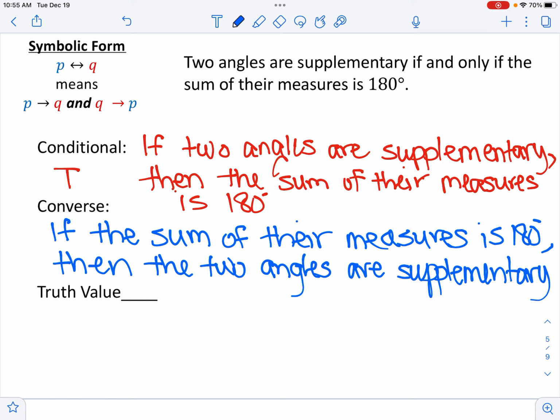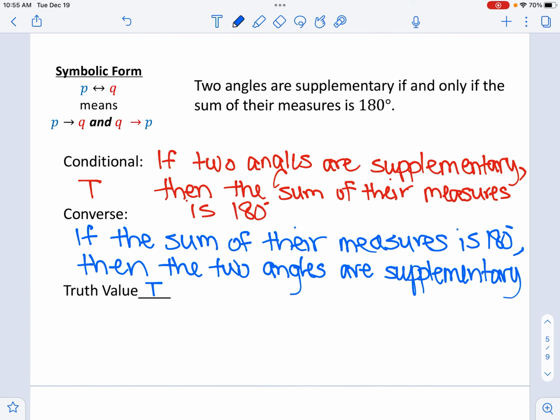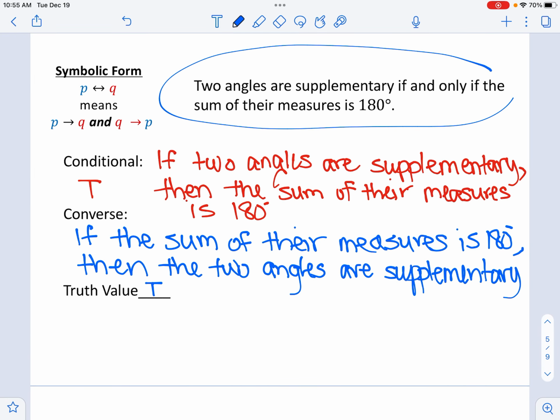Okay, so if the sum of their measures is 180 degrees, then the two angles are supplementary. That is also true. So because of that, this is a biconditional statement up here that is true. So again, the conditional and the converse should both be true for that to meet that. And that's what this really is meaning. You can see the word and in there, they both have to be true.